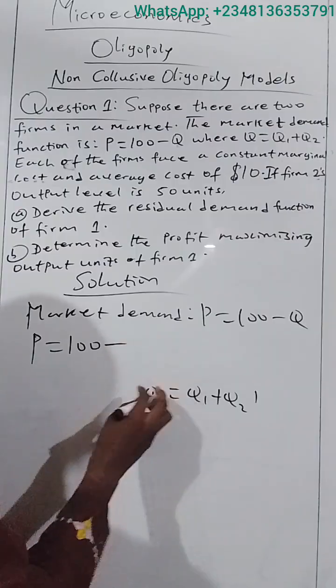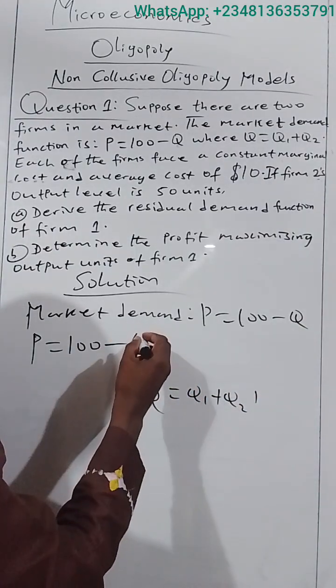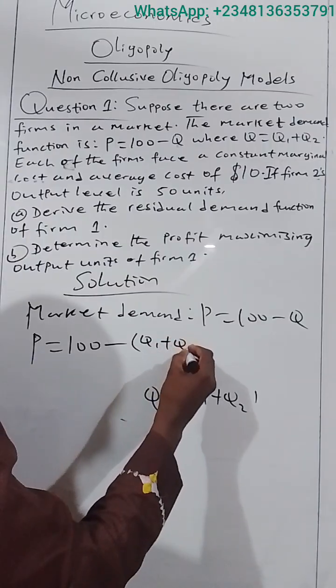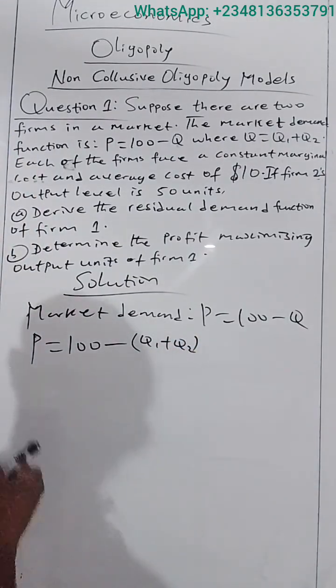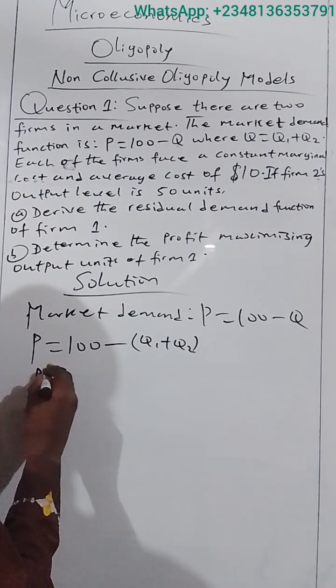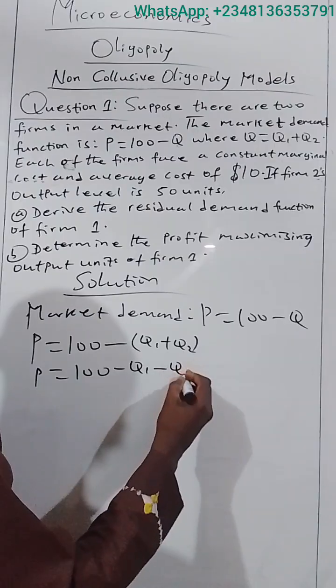In other words, we can replace this Q with Q1 plus Q2. Then this is equal to 100 minus Q1 minus Q2.